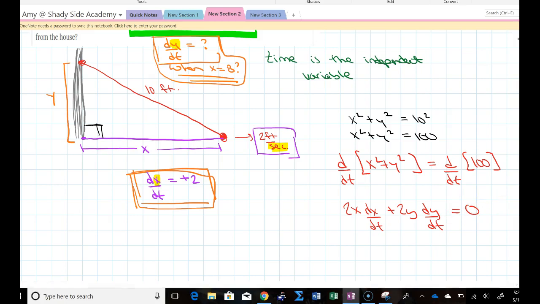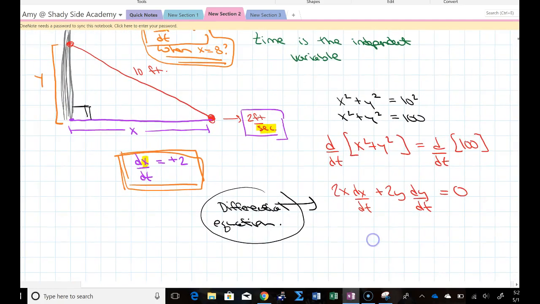Okay? This equation right here is called the equation involving derivatives, or the differential equation. Okay? This is the differential equation. I sometimes just call this the variable equation, the equation that's describing that which is varying. We are now going to use the differential equation to find the unknown.